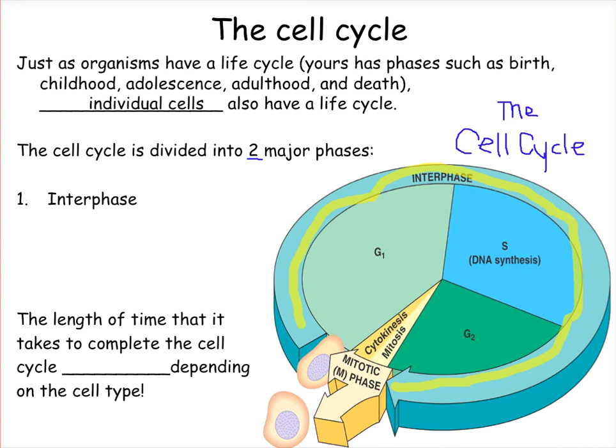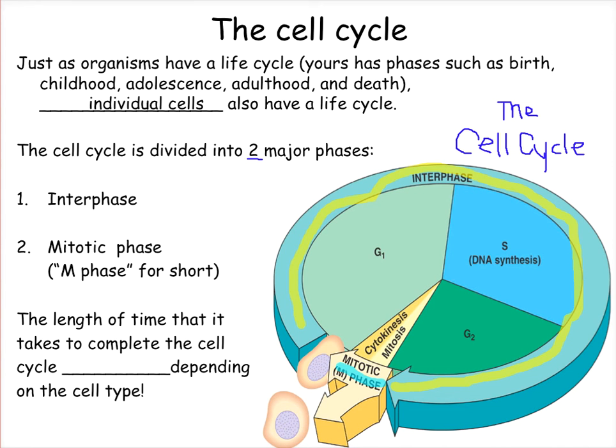The second phase is mitotic phase, or M phase for short. Mitotic phase represents this part of the cell cycle, the end of the cell cycle, and while it is much shorter than interphase, it is very significant in completing the process of cell division.